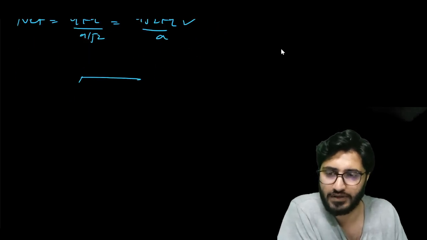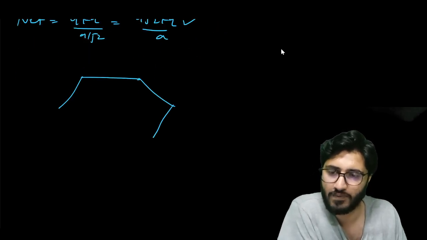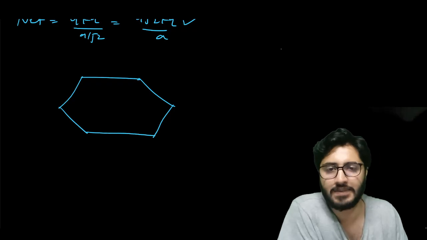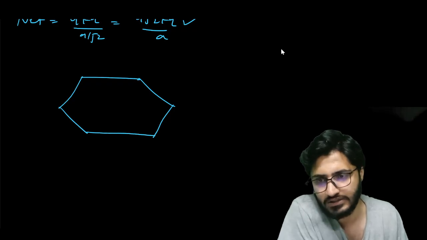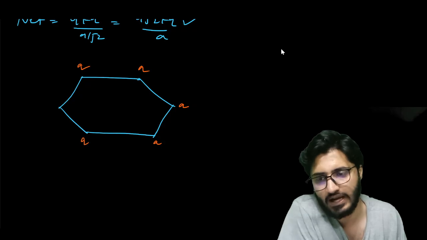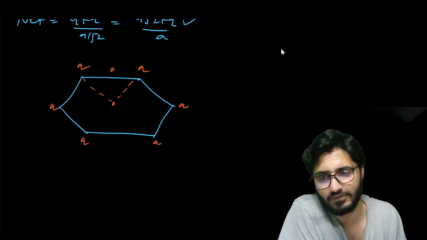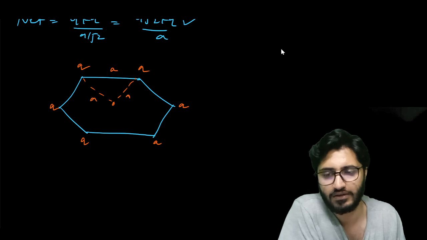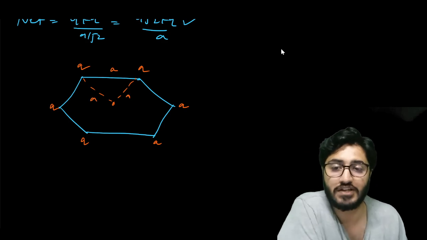Let us complete one last numerical. Here, at each corner of this regular hexagon, my charged particle is Q. Side is A, so this distance will also be A. So how many charges do we have? 6.